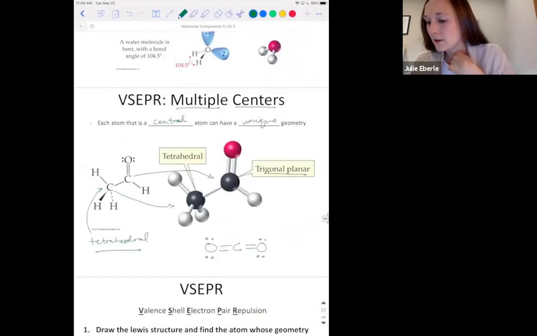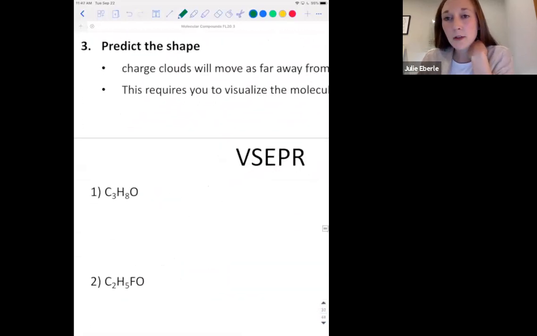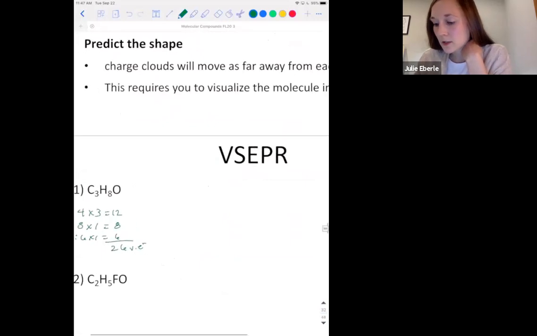So let's go back down here, and let's draw this molecule. I'm going to draw the Lewis structure for this. Remember, you first need to add up the total valence electrons. So I'm going to quickly do that. Carbon each has 4, so that's 4 times 3. So 26 valence electrons in this molecule.